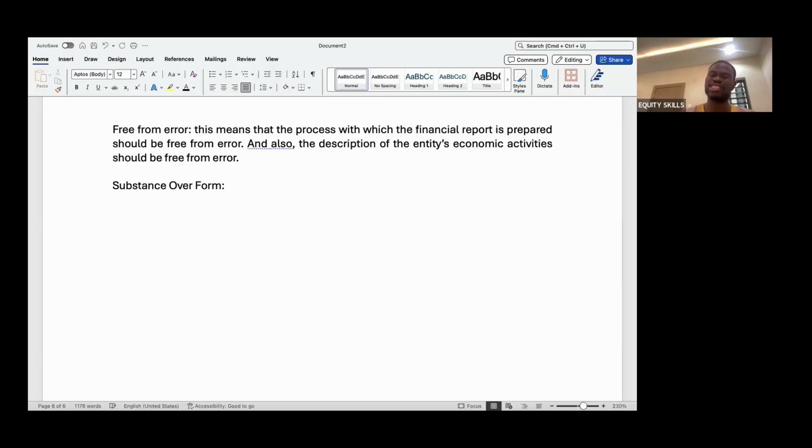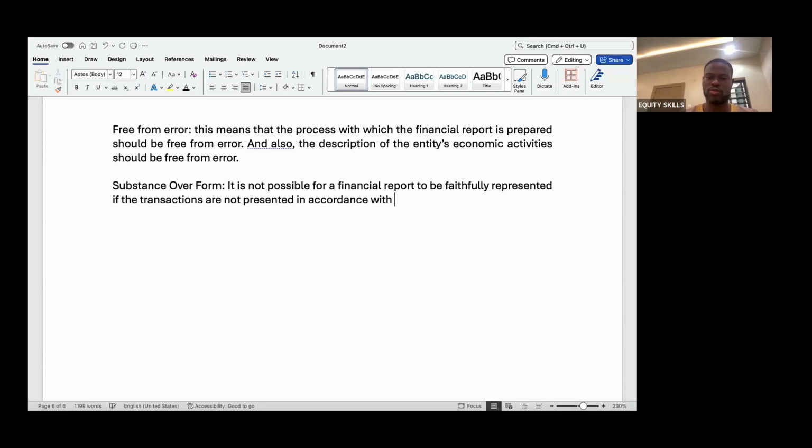You see, it is not possible for a financial report to be faithfully represented if the transactions are not presented in accordance with their economic substance over legal form.